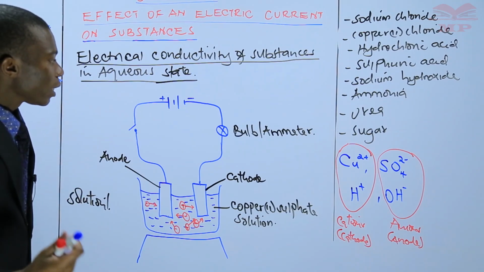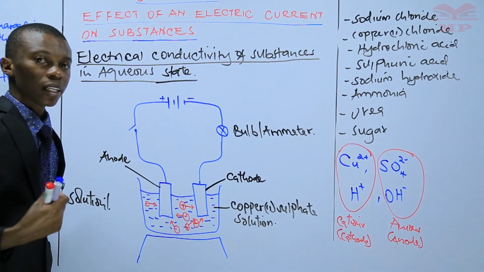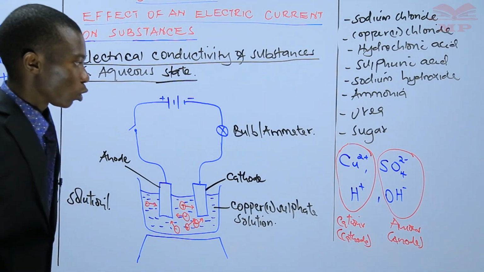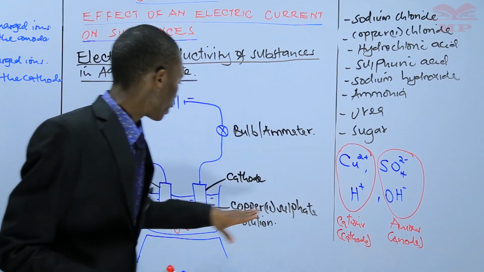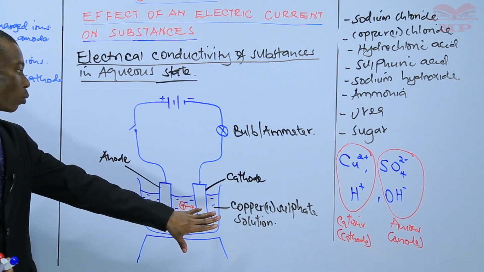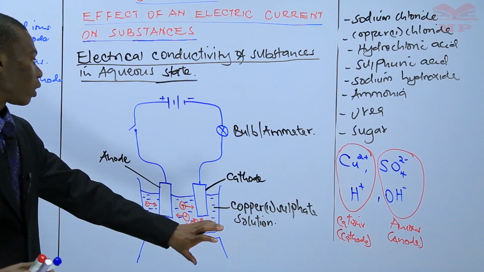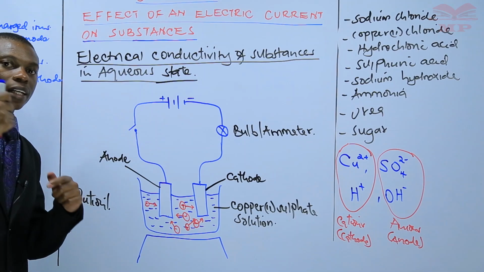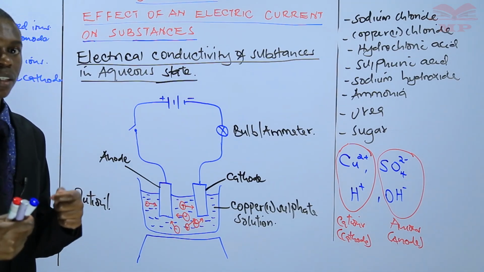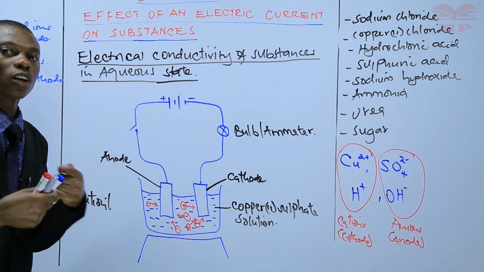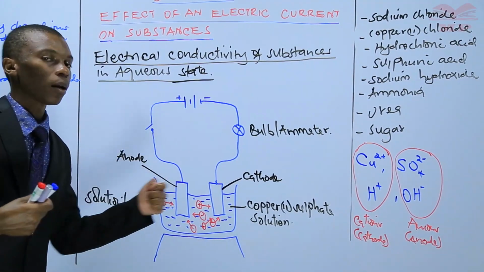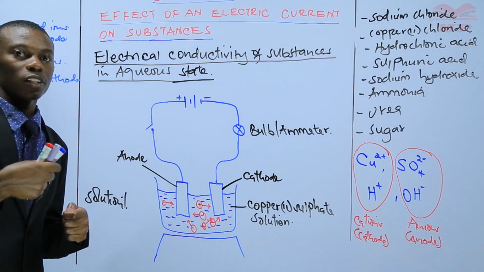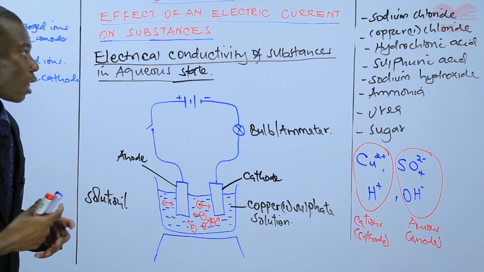Therefore, ionic substances conduct electric current in aqueous solution, because when the positively charged ions are moving towards the cathode, while the negatively charged ions are moving towards the anode, this movement of ions causes electrical conductivity, and the bulb is going to light. If it's an ammeter, you will see the deflection of the ammeter.